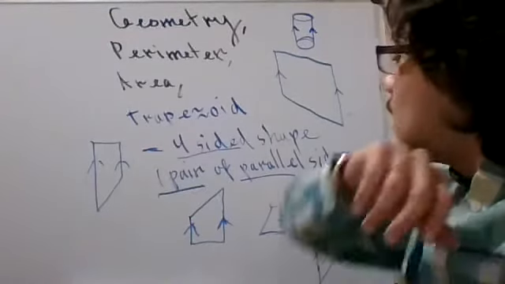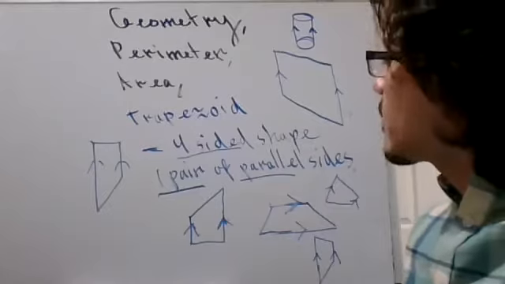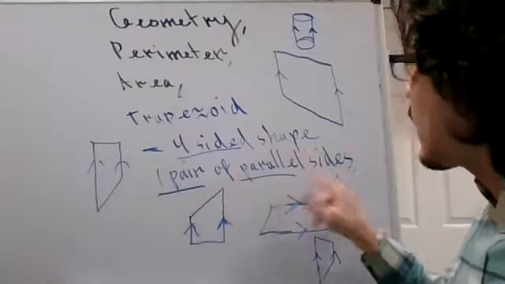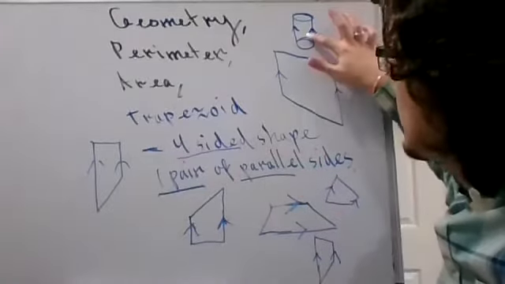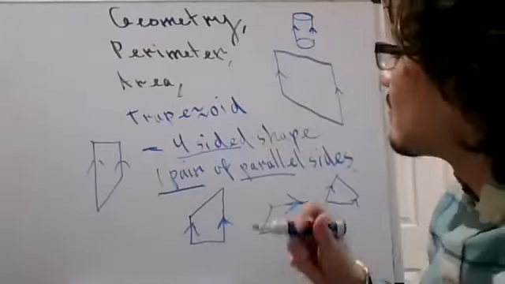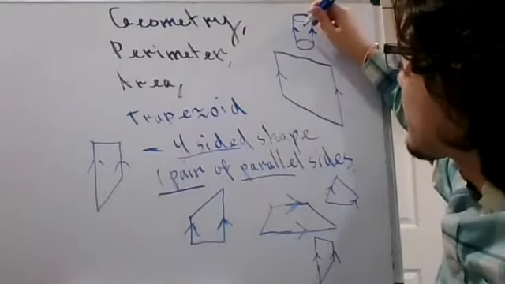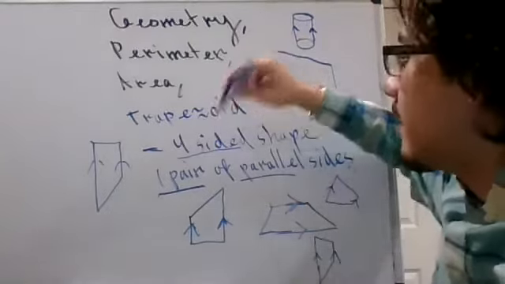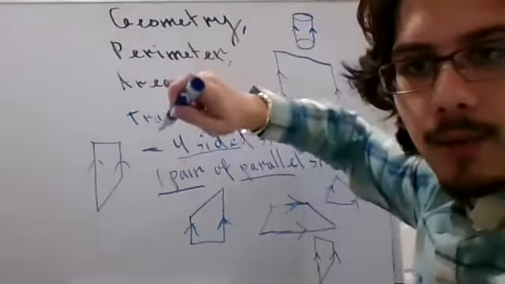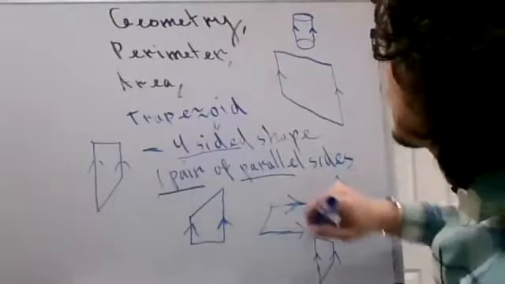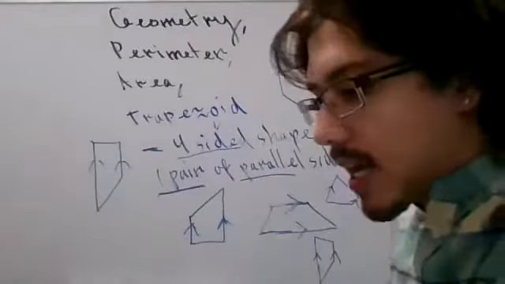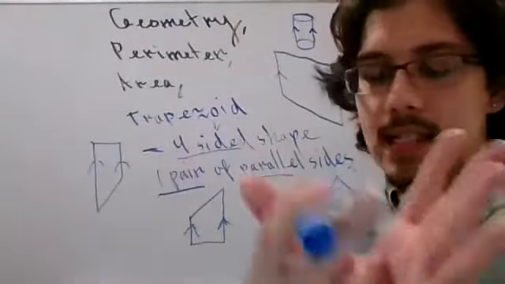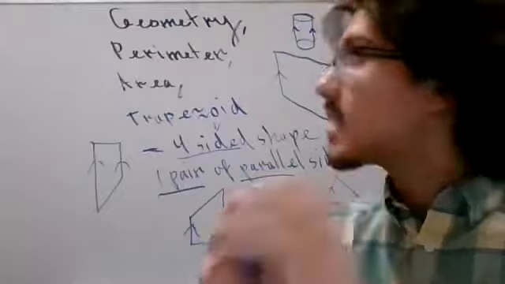Very well. So our definition of a trapezoid is that it is a four-sided shape that has one pair of parallel sides. Now, let's talk about four-sided first because it's first in the definition. Oh, Miss Elena. A trapezoid has to be four-sided. Now, if you'll see, a cylinder has a top and a bottom, which are circles each.